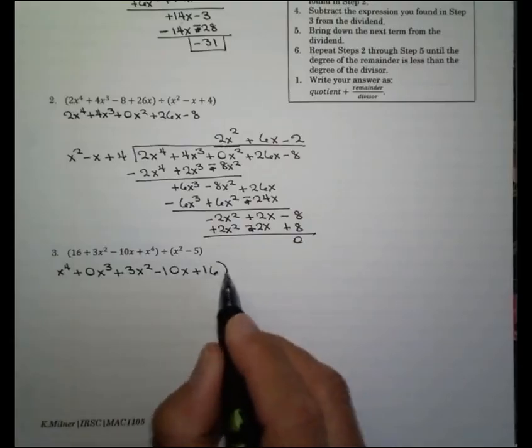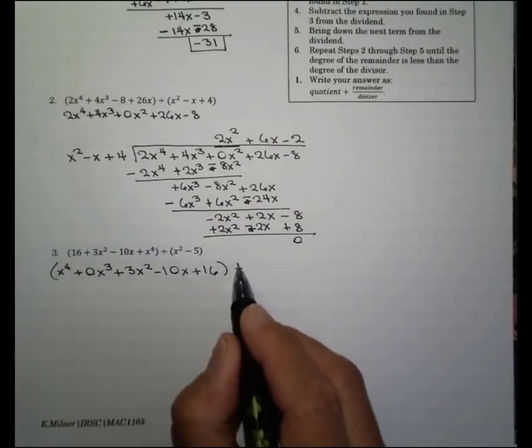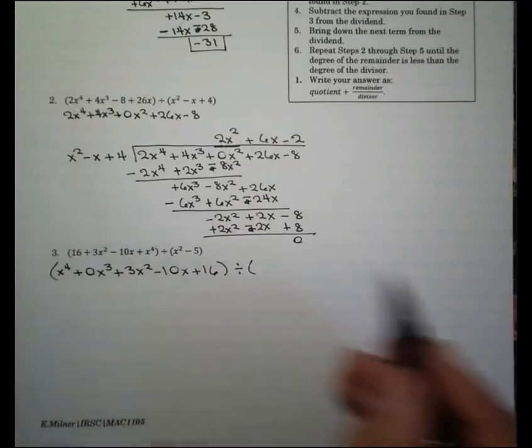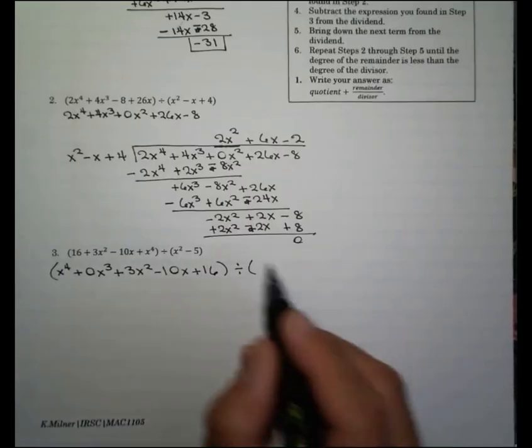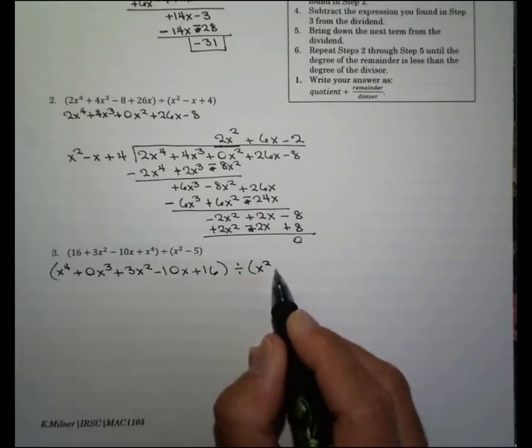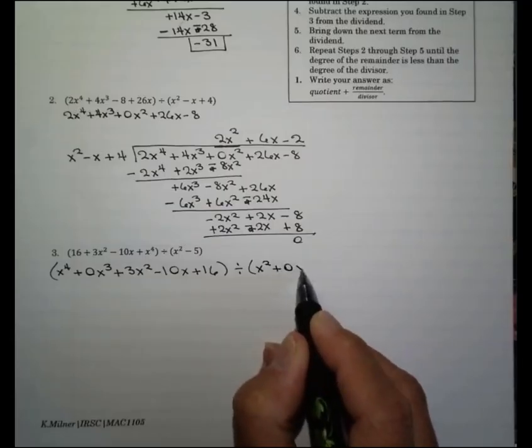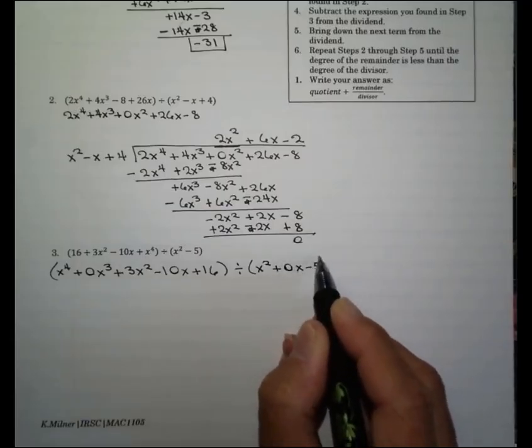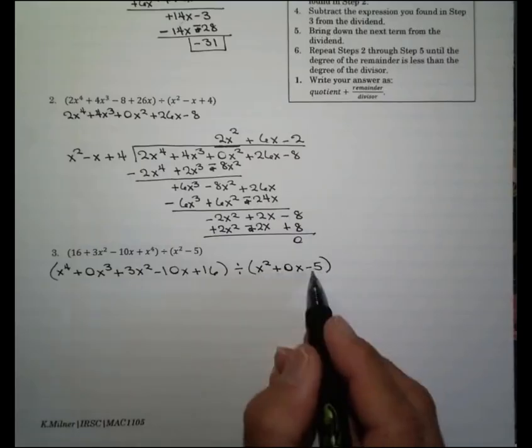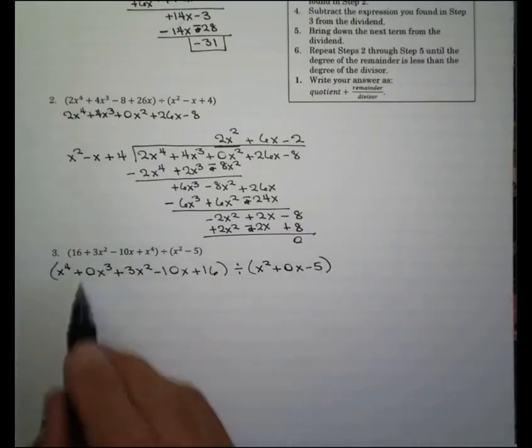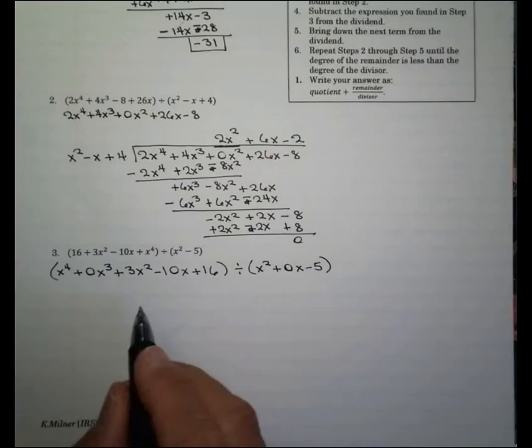Now, it's going to be divided by, I'm going to go ahead and write this out because I'm missing a term in my binomial. I'm missing the x term, so I'm going to have to add that one in as well. I'll say plus 0x minus 5 because all the terms have to be present in both the dividend and the divisor, okay?